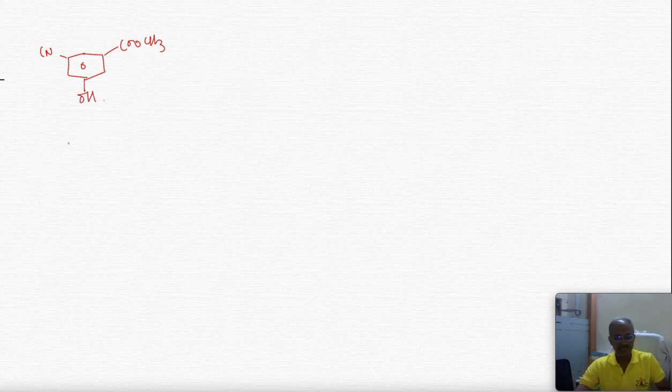Take for example, I will take here one. Suppose I write here CN, then here we will take COOCH3, and then here it is OH. Now, who has to be given the first preference? This is an ester, obviously this. And then this is a substituent, this is a substituent. This happens to be hydroxy, this happens to be cyano. The numbering has to go from here to here: 2, 3, 4, 5 and 6. Now, 3 is attached first.